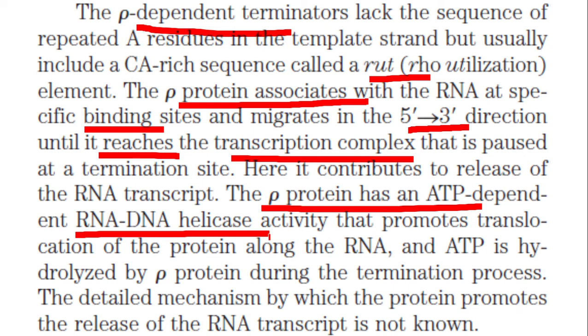Helicase activity is the one which results in separation of the helix. You know that when the RNA is being synthesized, the RNA is temporarily bound to the DNA by means of complementary base pairing. This Rho protein has an ATP dependent RNA-DNA helicase activity. It means ATP is hydrolyzed and RNA and DNA are separated. No more transcription is possible. This is how Rho dependent terminators work.